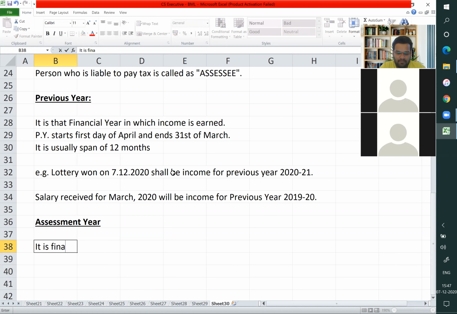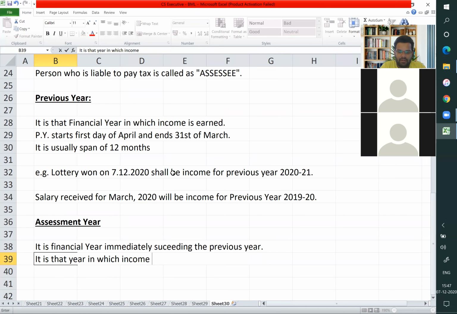It is the financial year immediately succeeding the previous year. It is that year in which income is assessed to tax.